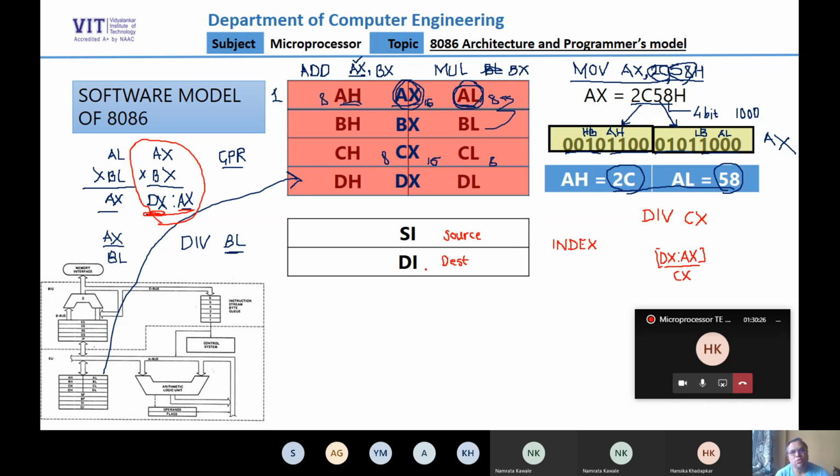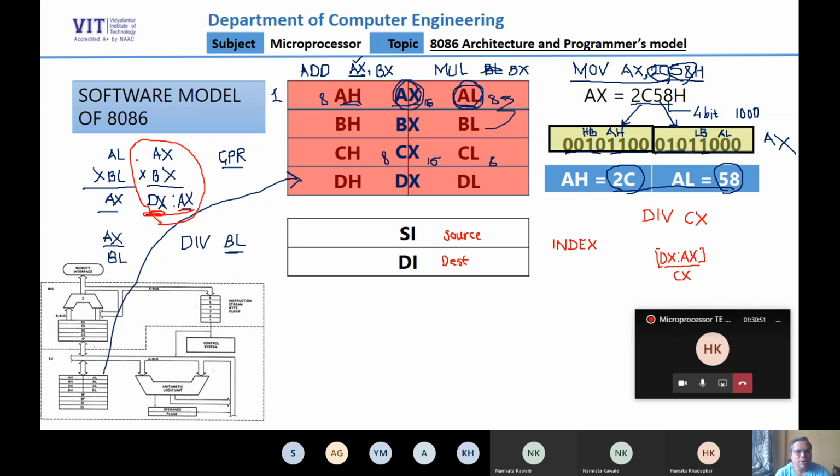So the 8086 provides 2 16-bit registers. You can see the width, it is from here to here. It is a 16-bit register. So SI and DI, source index and destination index registers. SI and DI registers have general purpose use. They can be used as the operands in the arithmetic and logical or data transfer instructions. So that is one use of SI and DI.